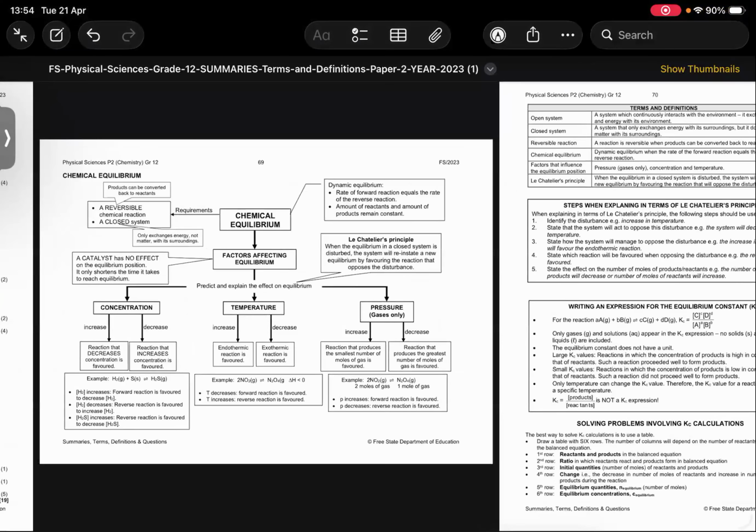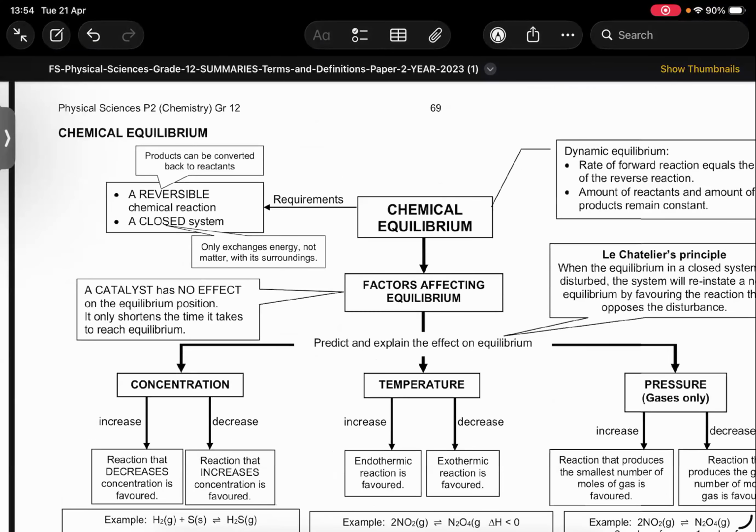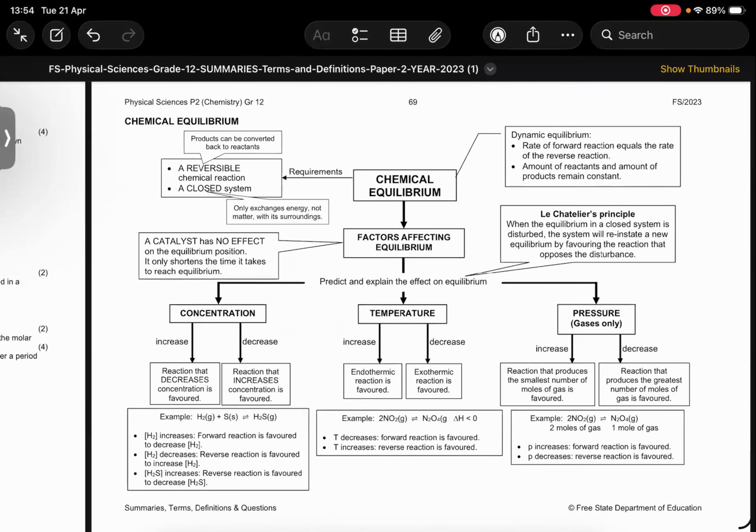So this is the flow chart, guys. This is the flow chart of chemical equilibrium. Basically, we have to learn everything that is here, right? But you shouldn't stress about that. We are going to learn about how the catalyst affects the equilibrium. Obviously, you have to learn about the factors that affect the chemical equilibrium, the same as the factors that affect the reaction rates.